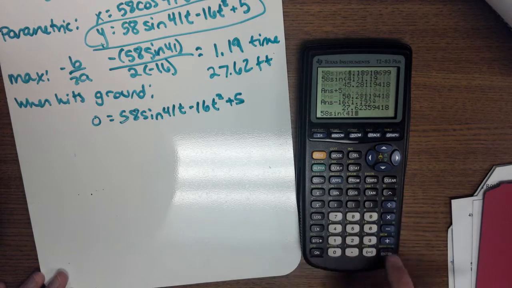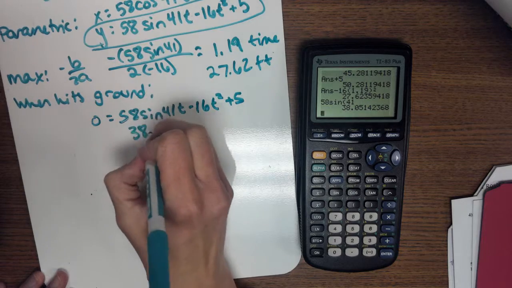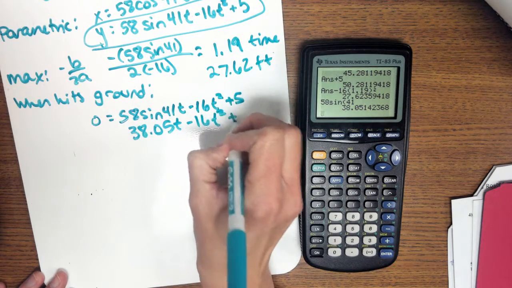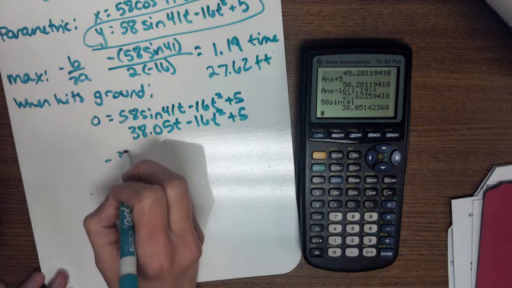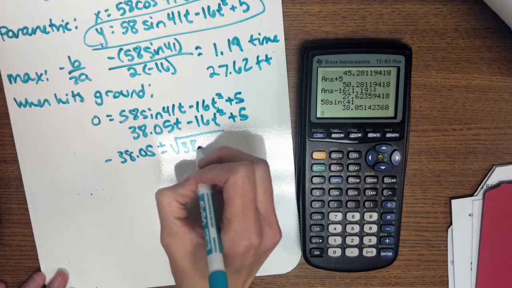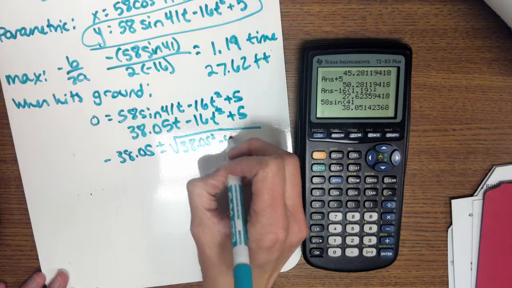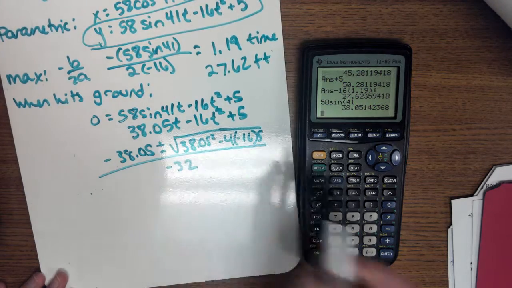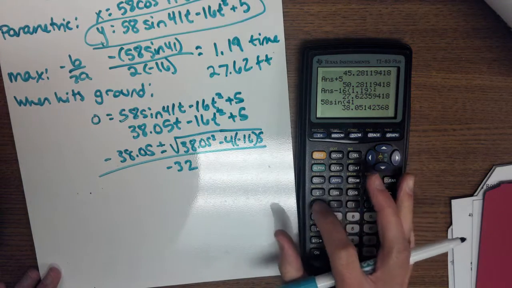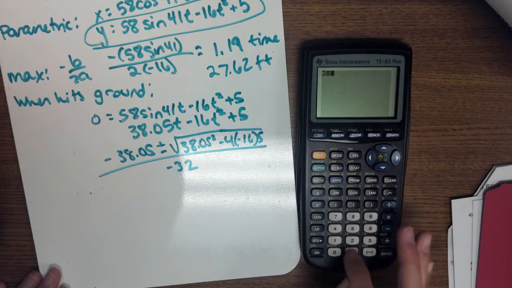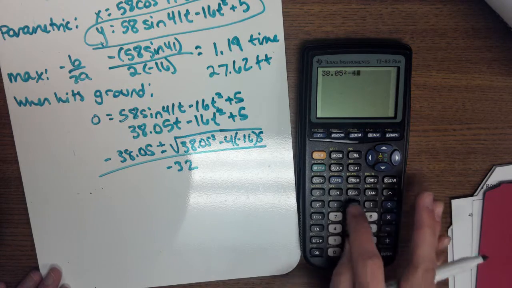58 sine of 41 is going to give me 38.05. That's my b value. So now I can say negative b plus or minus the square root of b squared minus 4ac over 2a. Now we're just going to plug this in.